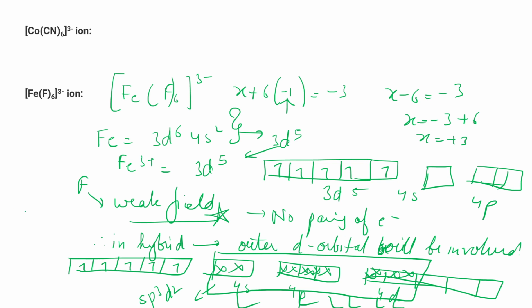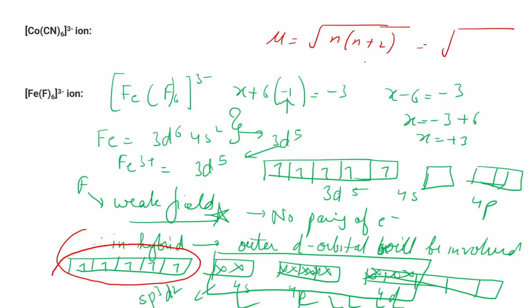Okay, so is this compound paramagnetic? Yes, there are basically 5 unpaired electrons. So what will be the magnetic moment? n into n plus 2.